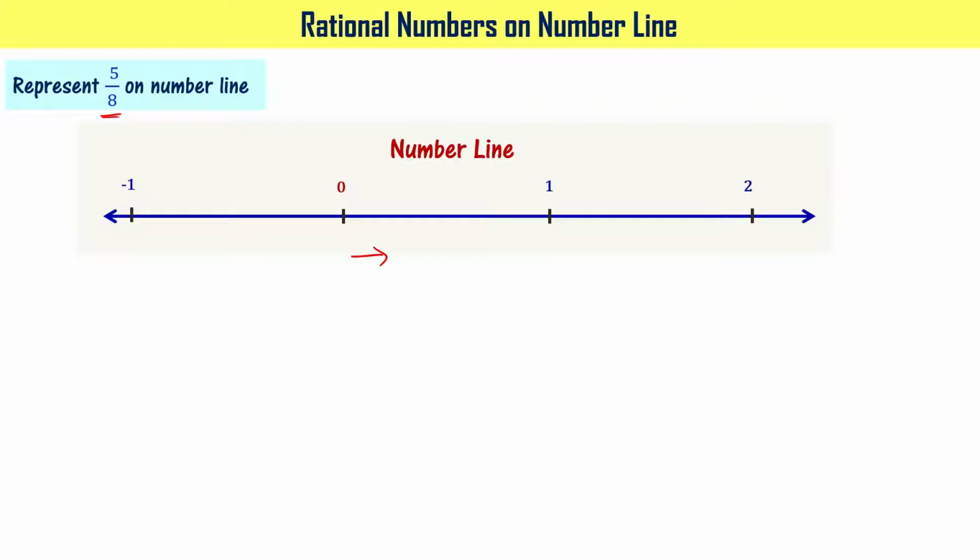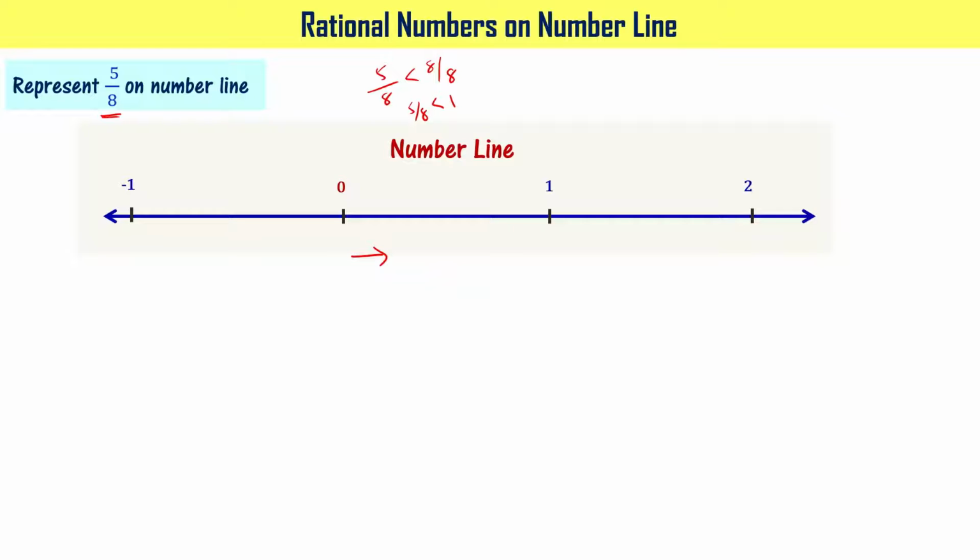It is on the right hand side of 0, right? And 5 by 8 is less than 8 by 8, right? Meaning, 8 by 8 is 1, right? It means 5 by 8 is less than 1.